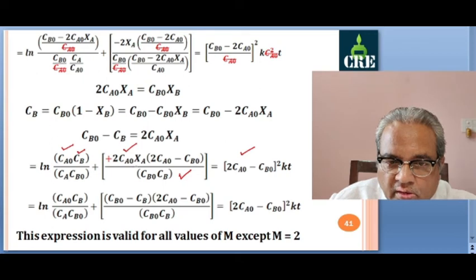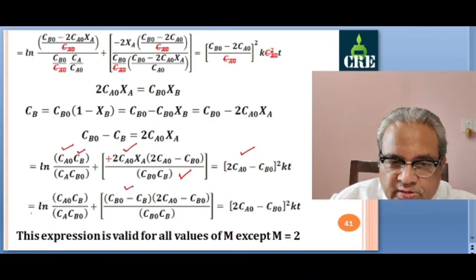Now we have this 2CA0XA. If I take it to another side, I can write 2CA0XA as CB0 minus CB. So I have replaced it with CB0 minus CB because XA I have to eliminate.